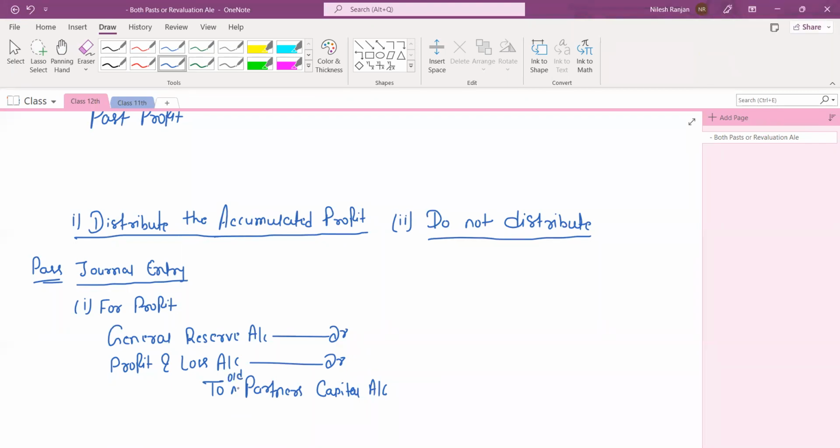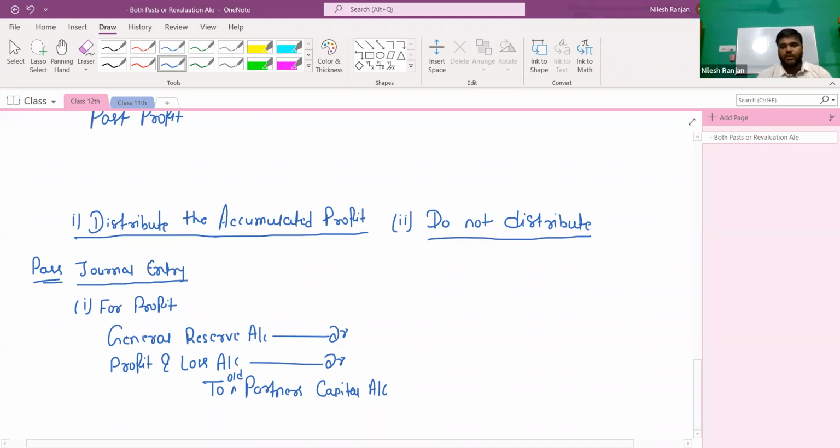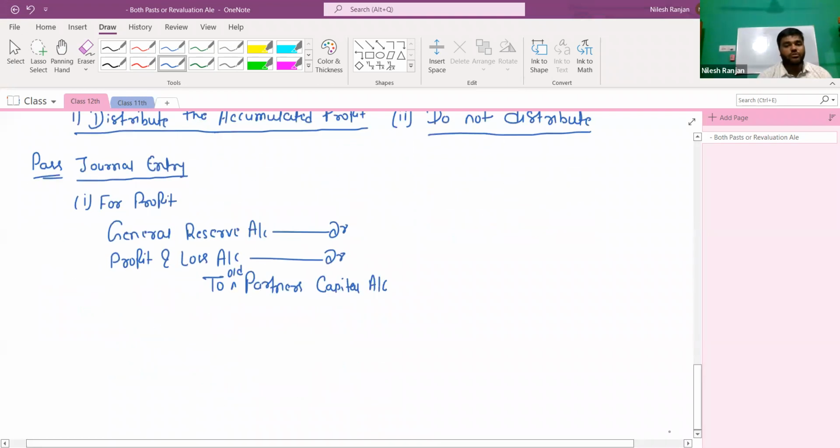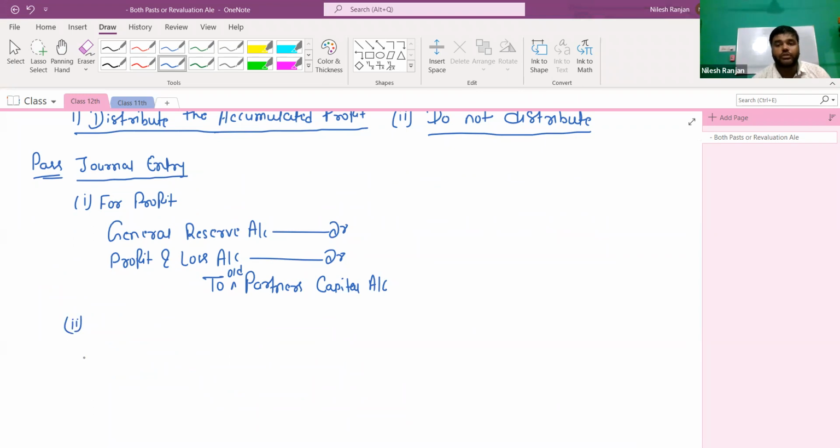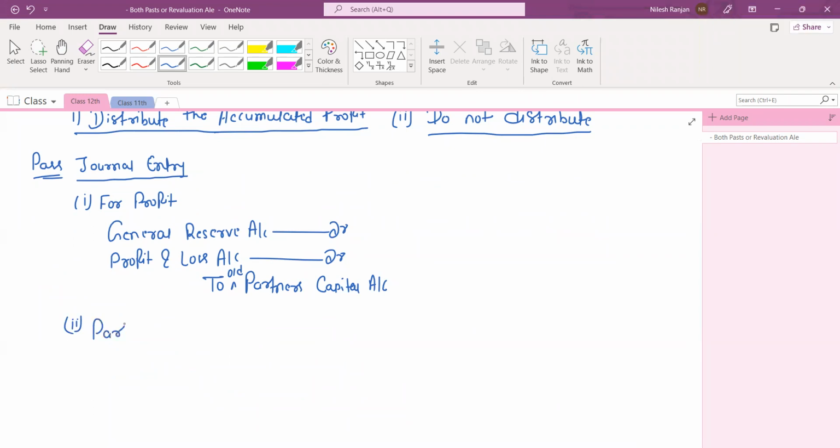So this will be the entry for profit, but there may be some loss also. Sometimes there is accumulated loss of 2 or 3 years. It will reduce the capital.